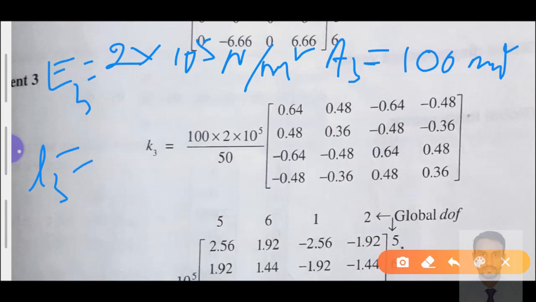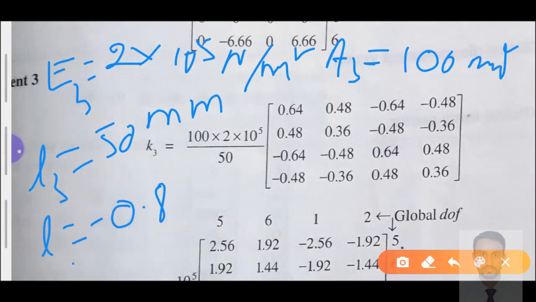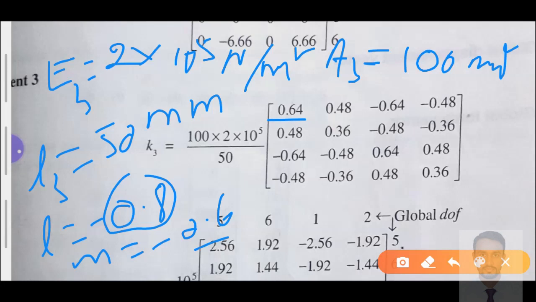Length of the element L3 is equal to 50 mm from the tabular column, and we have l equal to minus 0.8, m equal to minus 0.6. 0.8 square is equal to 0.64, 0.6 into 0.8 is equal to 0.48.